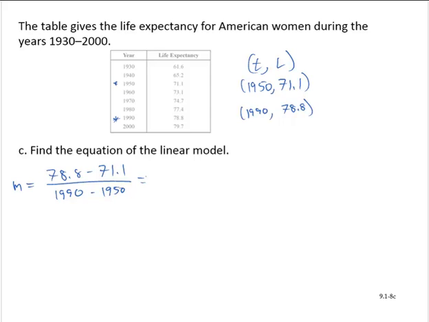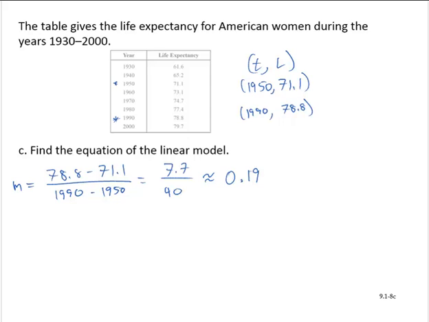Go through the arithmetic here. 78.8 minus 71.1 is 7.7, and 1990 minus 1950 is 40. 7.7 divided by 40 is 0.1925. I'm going to approximate that as 0.19.